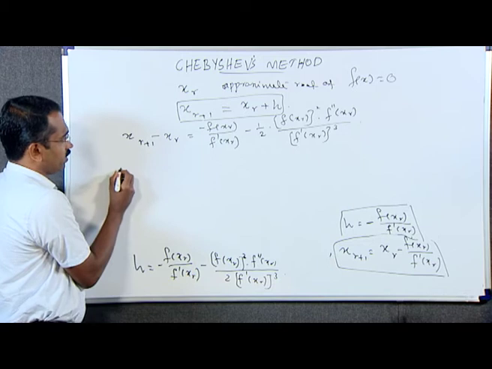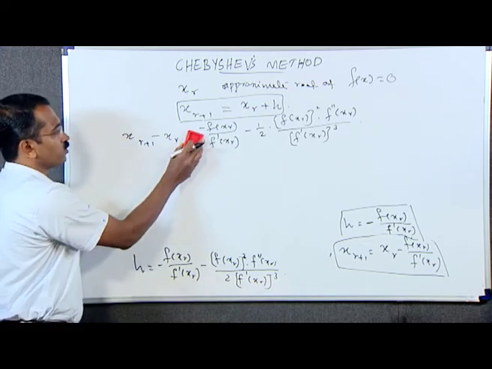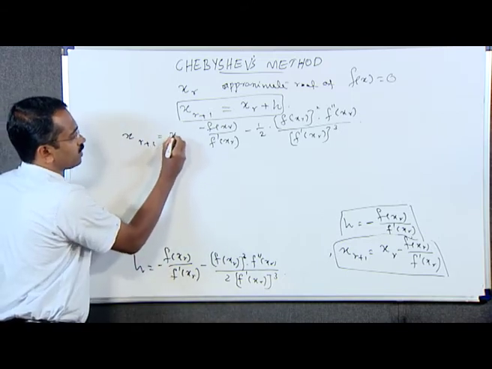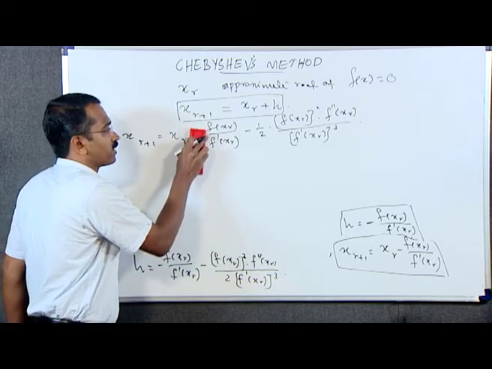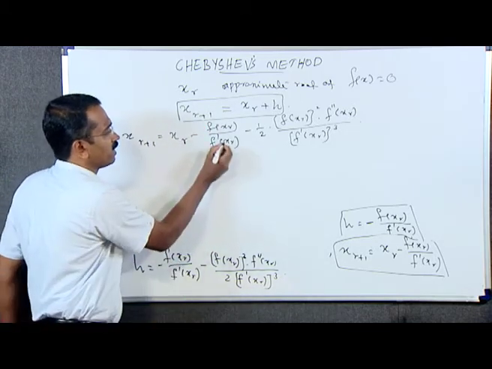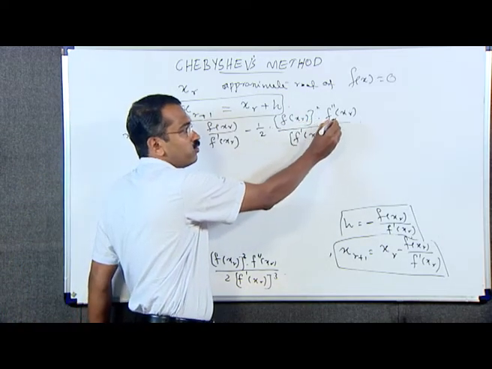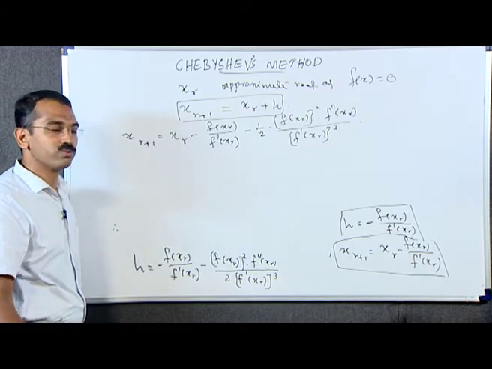Therefore, we can write xr+1 = xr - f(xr) / f'(xr) - 1/2 × f(xr)^2 × f''(xr) / (f'(xr))^3.